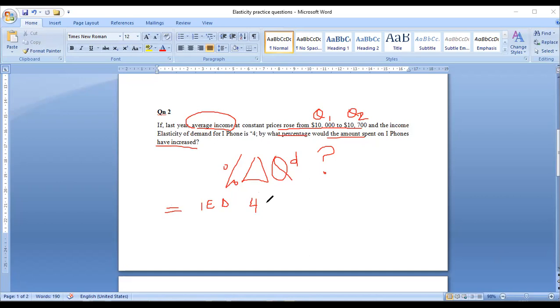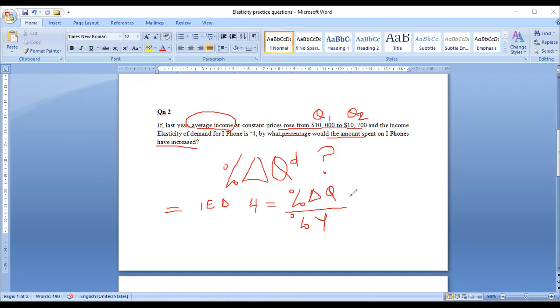It is equal to the percentage change in what? The percentage change in quantity demanded, which we don't know, over the percentage change in income.